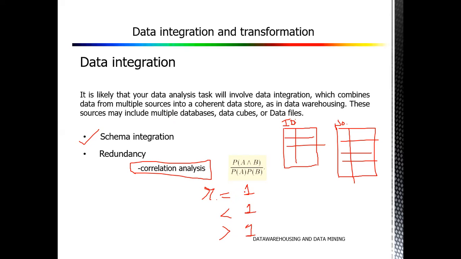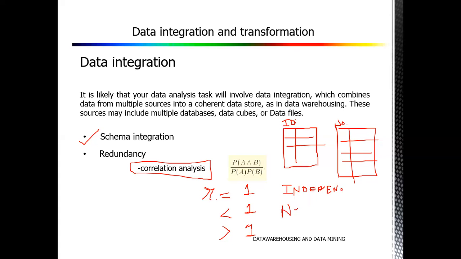If it is equal to 1, that means the attributes A and B are independent of each other. Please understand it; I'm not writing it completely. Now, if it is less than 1, that means they are negatively correlated.